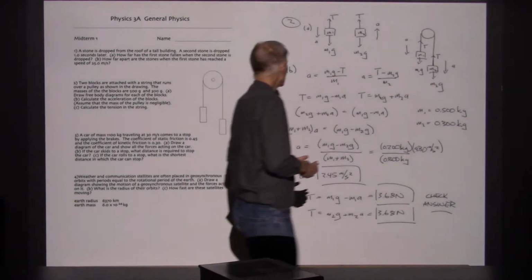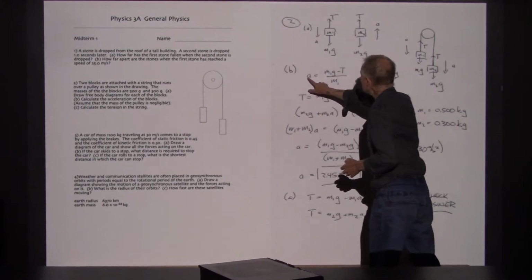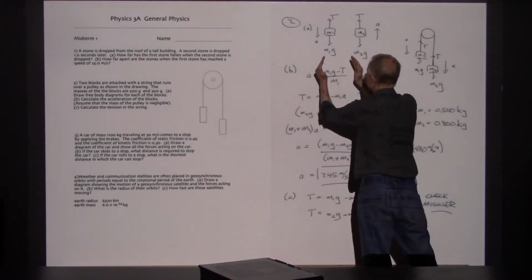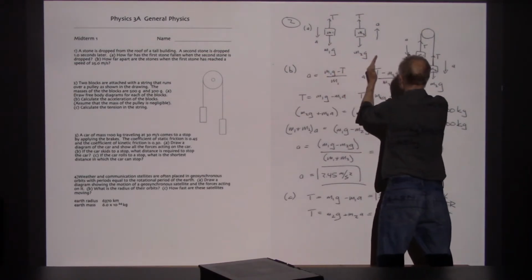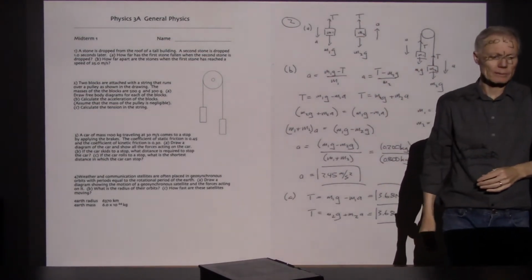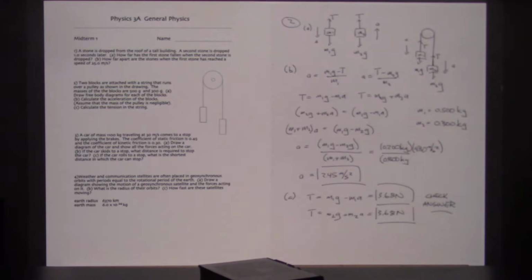Another possibility would be this. I have two expressions for acceleration here. So I could take this expression and this one, set them equal to each other algebraically, and solve for T. That also works. So there are at least two different approaches we could take at this point.